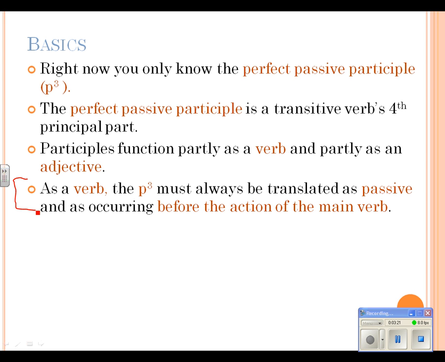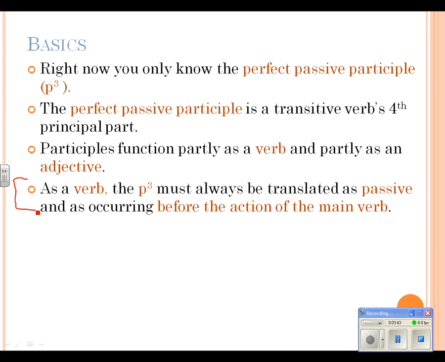Okay. So when you guys translate a P cubed, and this starts to hint at your question, Cole, back there, the action of a P cubed must always be translated as passive and as occurring before the action of the main verb.